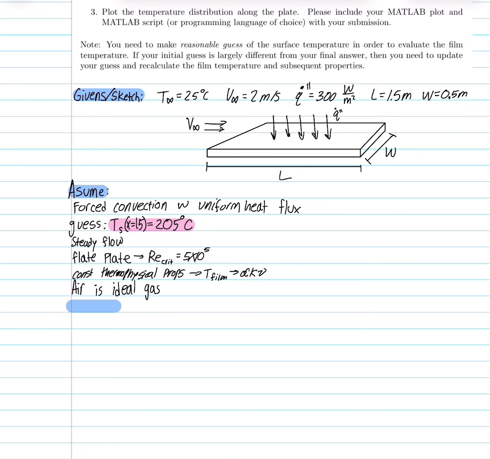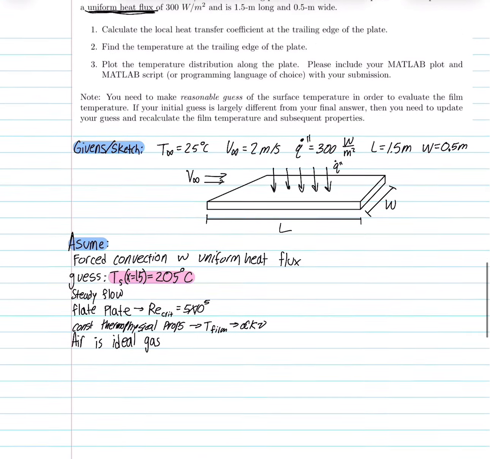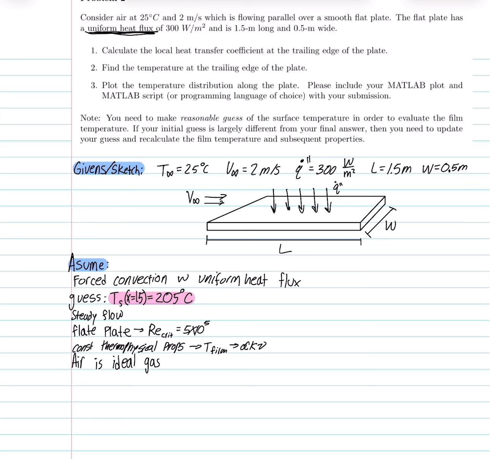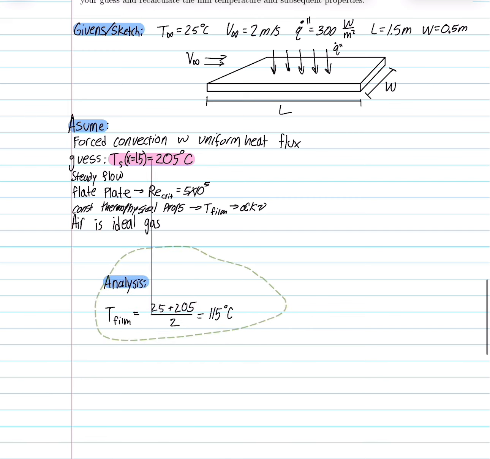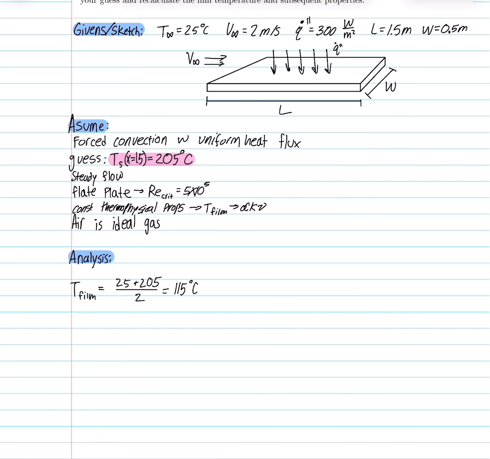So these are our assumptions, and we need a guess for the surface temperature in order to calculate the T-film value, because we need T-film to find our thermophysical properties, alpha, V, K, because we need V in order to find the Reynolds number.